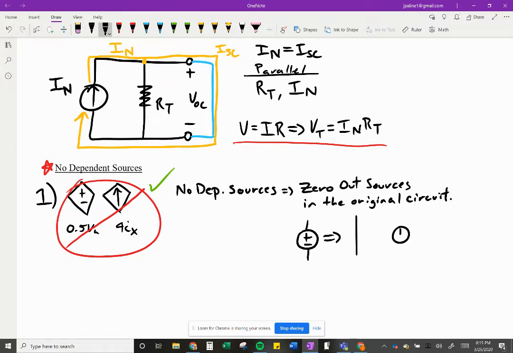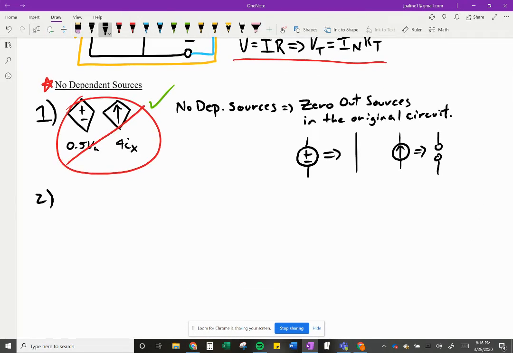And everywhere we see a current source, we're going to replace it with a broken out section of wire. So open terminals, we'll basically clip it out of the circuit. Okay, so that's step one.